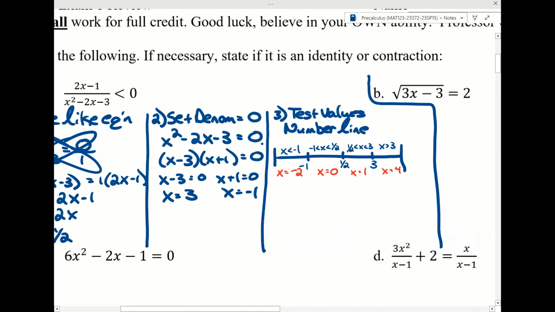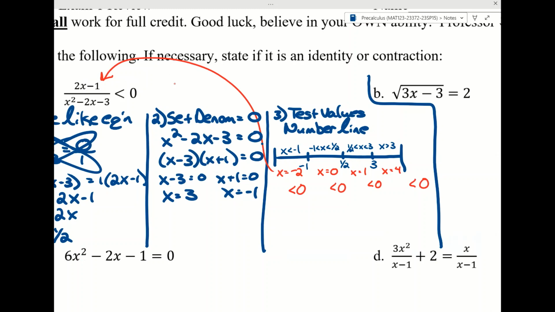Now, what we're going to do with those numbers is we're going to plug them in and see which ones work. So this is where your calculator comes in handy. I'm going to plug them into the top and into the bottom. You just have to plug them in correctly. You should be doing it also.